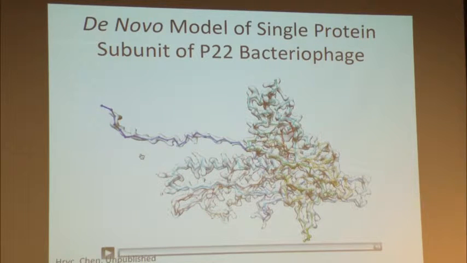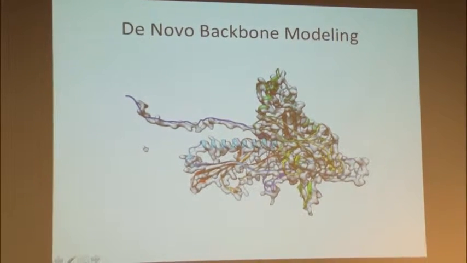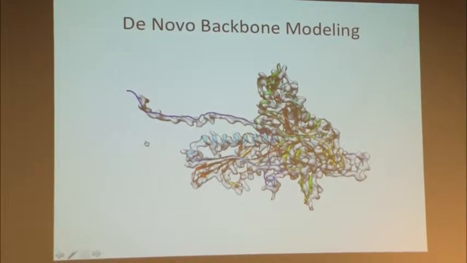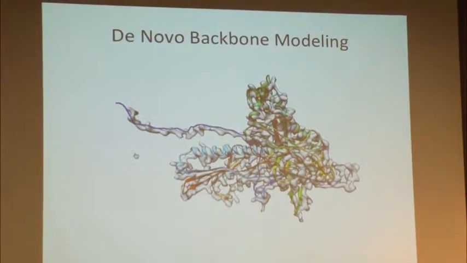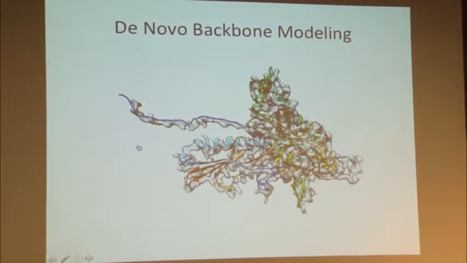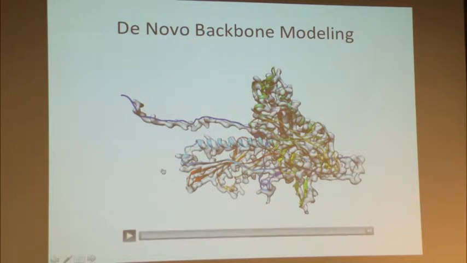So how do we build the side chain? The next step, what we did, was to use the de novo backbone model and plug it into the crystallographic software called COOT, and also Paul Adams' Phoenix software, so that we could refine the side chain.